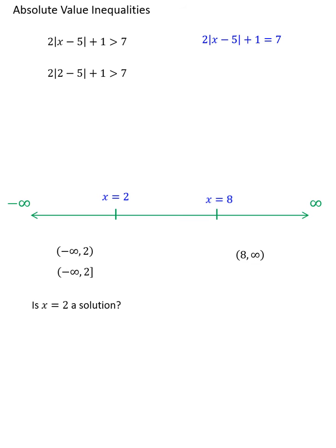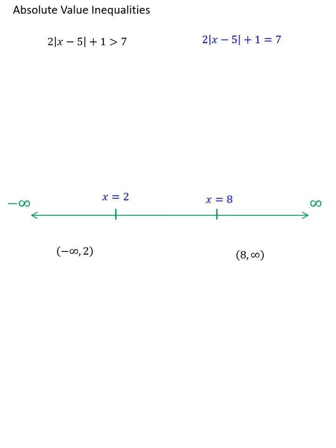Once again, scratch paper not shown, the left side works out to 7. 7 greater than 7 is a false statement. A number can't be greater than itself. And since that's a false statement, we know that 2 is not a solution to this problem, and so I can't include it.